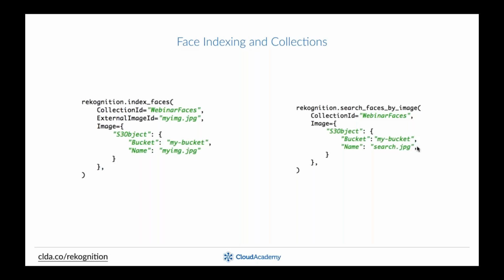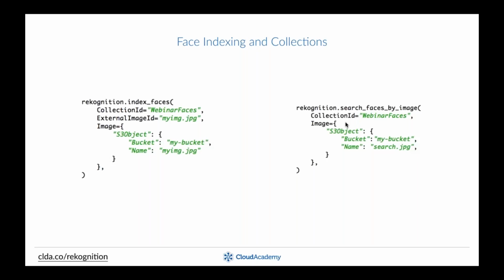I can call it search.jpg, and then I can call search faces by image in the webinar faces collection. The API will tell me that one face was found in my image.jpg and will give me the ID of that face. So we're not talking about person identification. Each face has a different ID, even if it's the same person.